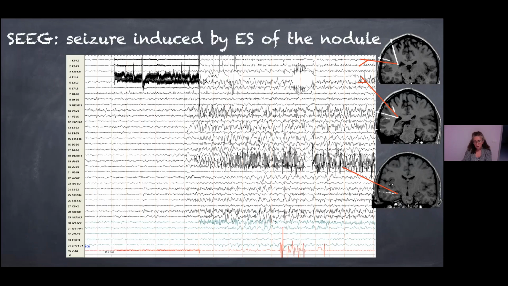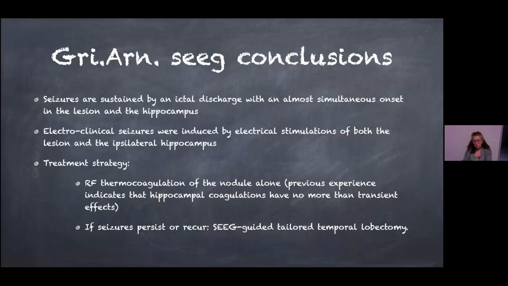We had immediate activity even in the hippocampal formation. So in conclusion, the idea was that the seizures were sustained by a shared discharge with a simultaneous onset in the lesion and in the hippocampus.